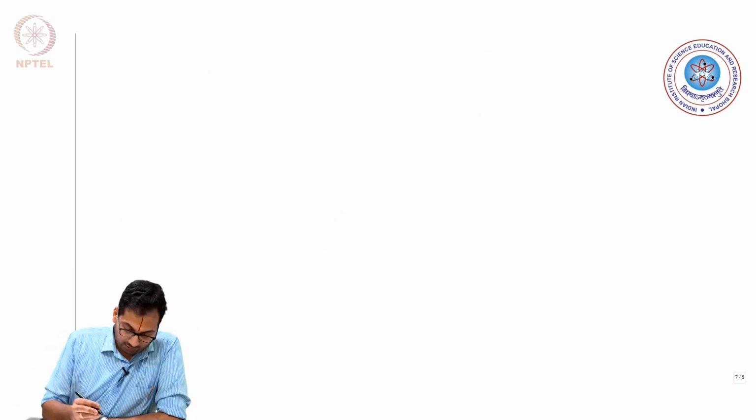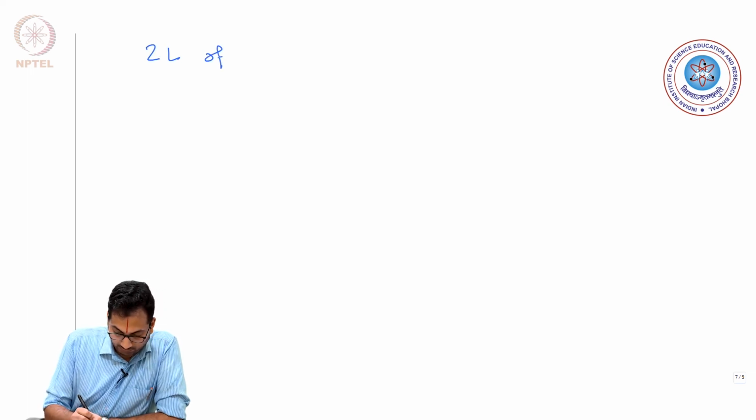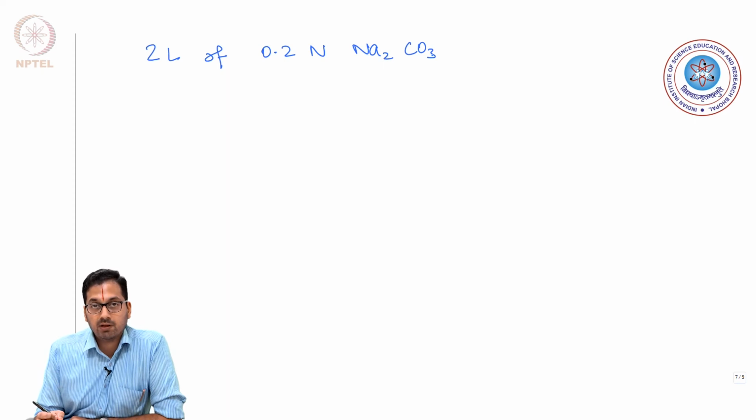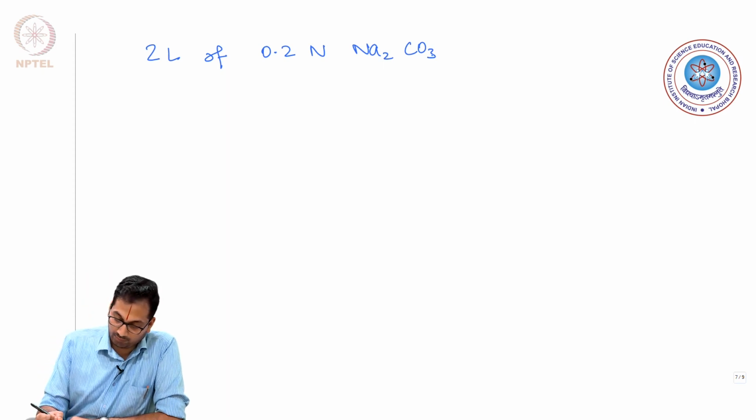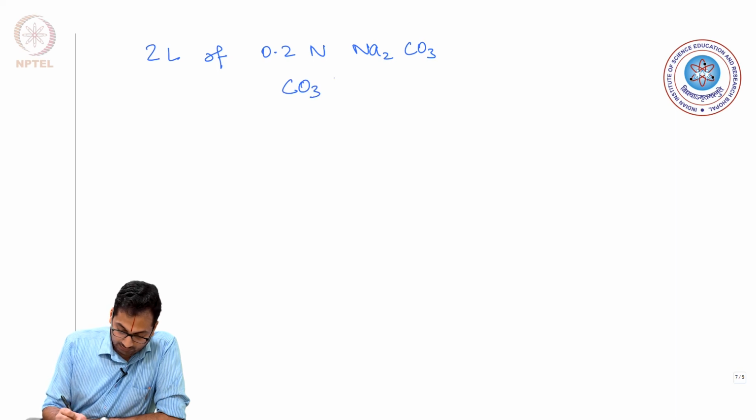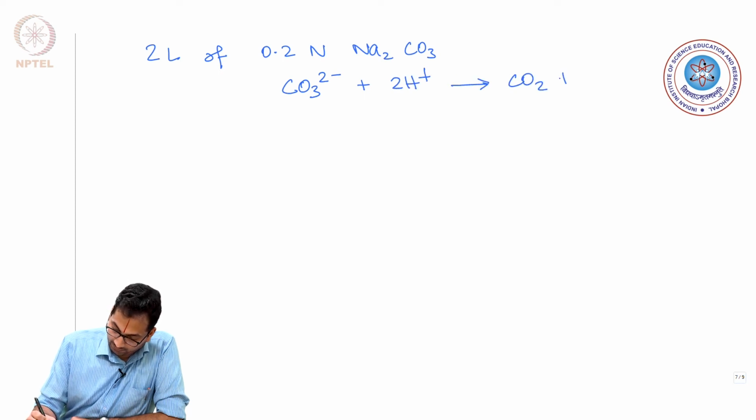Let us say you have to prepare 2 liters of 0.2 normal Na2CO3, the same example as we have been seeing so far, that is sodium carbonate, where the carbonate gets converted to carbon dioxide.